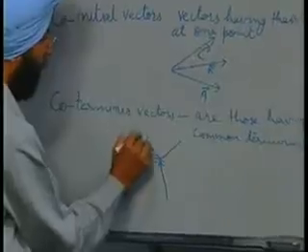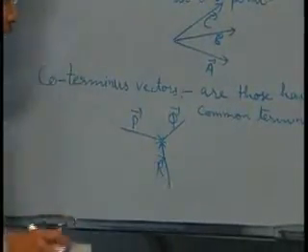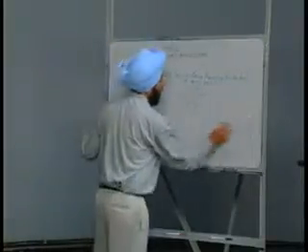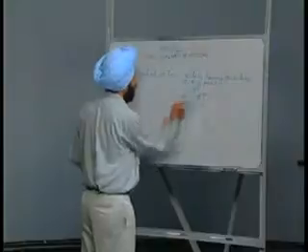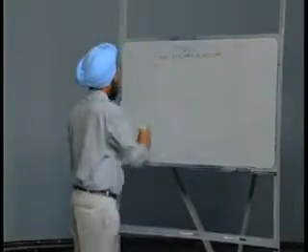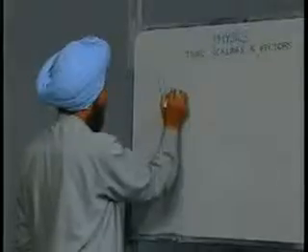So, P, Q, R are the co-terminus vectors. Now, one vector that we will be dealing in our next lecture is the resultant vector.